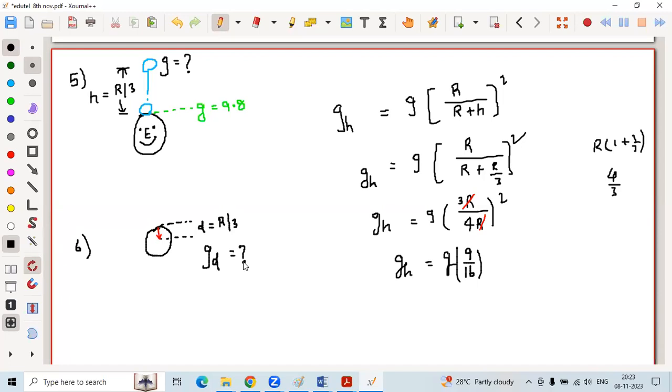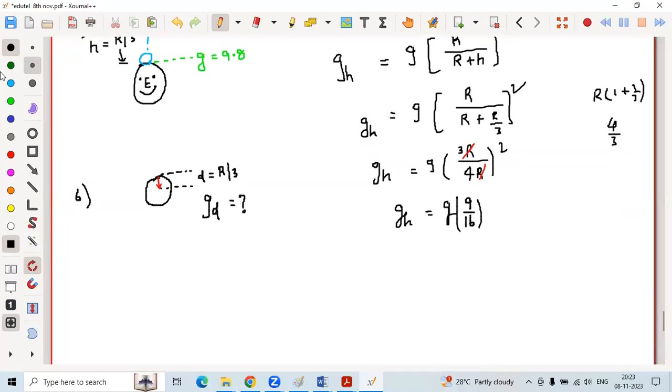Sir, 2 by 3 into G. Very good. We'll check. So இதுக்கு depth formula எழுதணும். That is G at a depth is equal to G on surface into 1 minus D by R. Here depth is given R by 3.